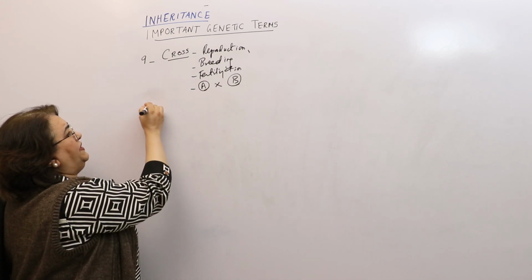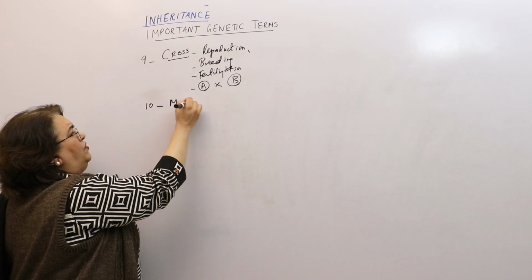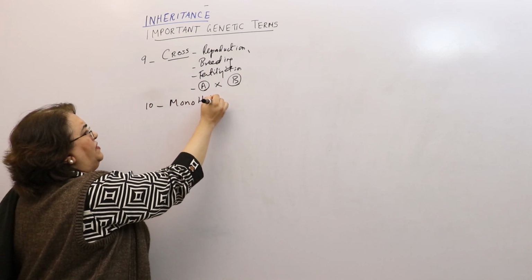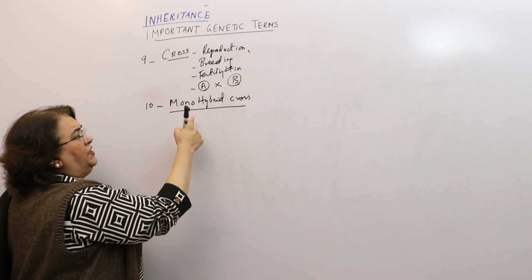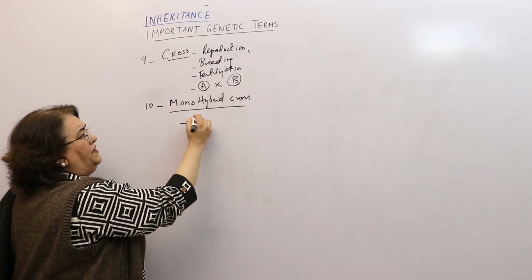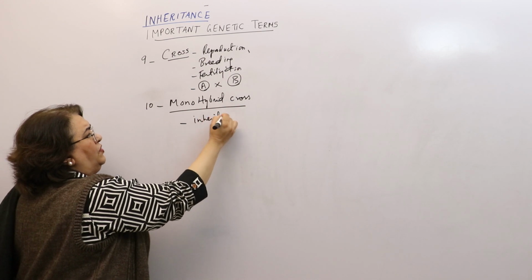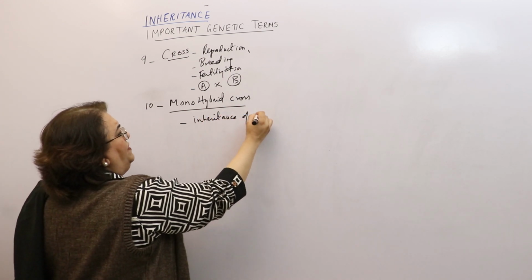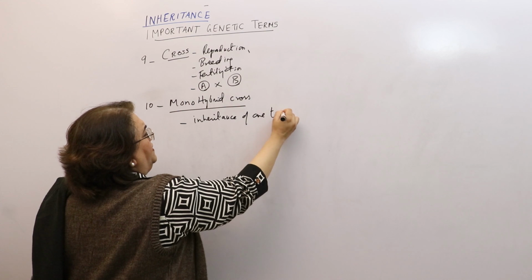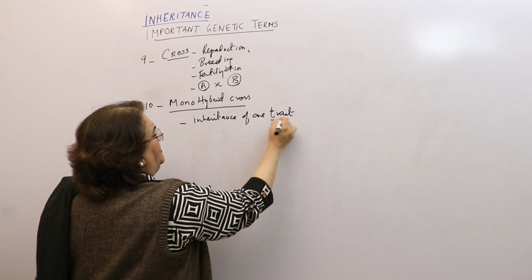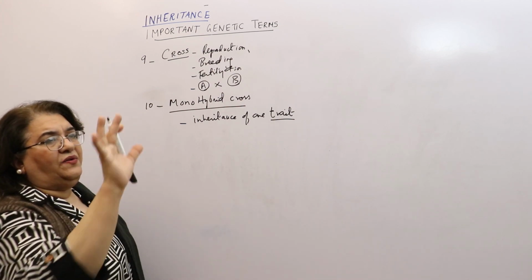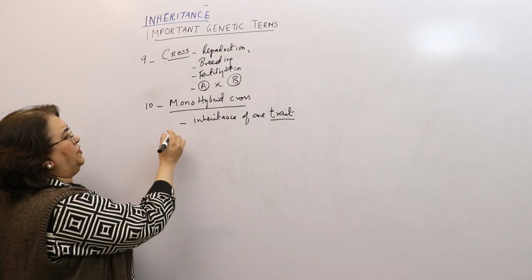Now, crosses could be monohybrid crosses. You'll hear this word. A monohybrid cross means we're trying to study the inheritance of one trait only. We take parents and want to see in the offspring how that trait gets transferred.